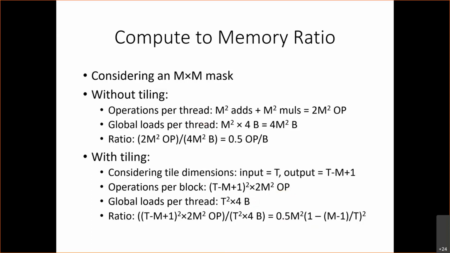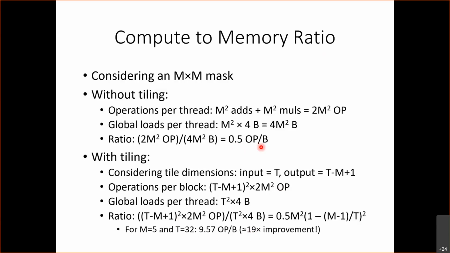Okay, so this is how we compute the floating point operation to global memory access ratio. For short, I'm just using compute to memory ratio for the tiled convolution. So here, like I said, for m equals 5 and t equals 32, this comes out to be 9.57 ops per byte. So this is around a 19 times improvement over the implementation without tiling.